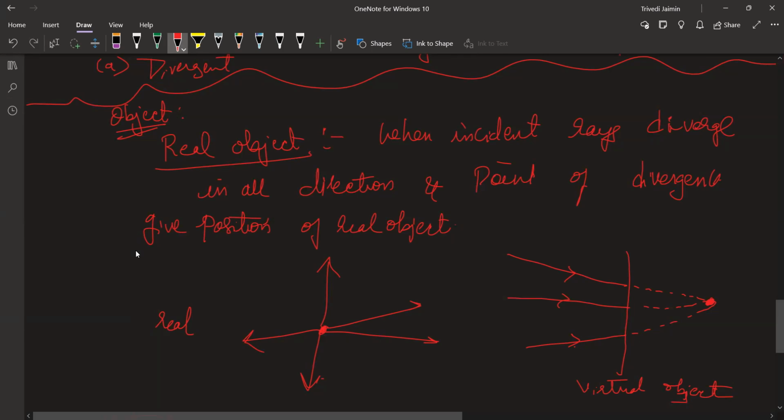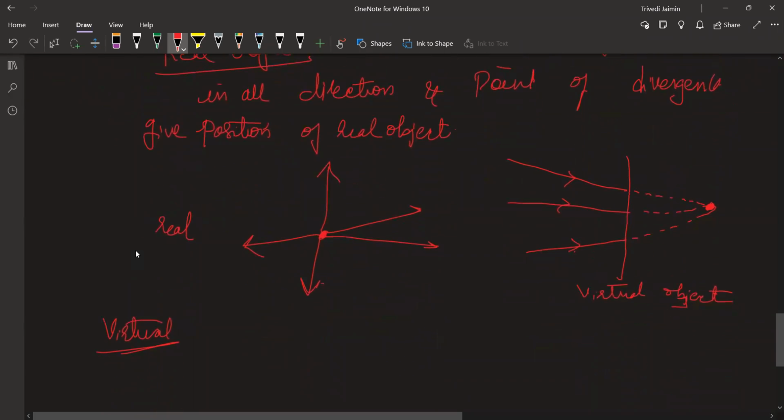See, we are talking about the object only, not the image. Image we'll discuss later. Draw both diagrams.